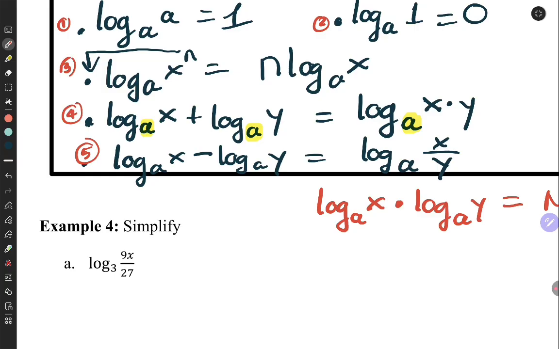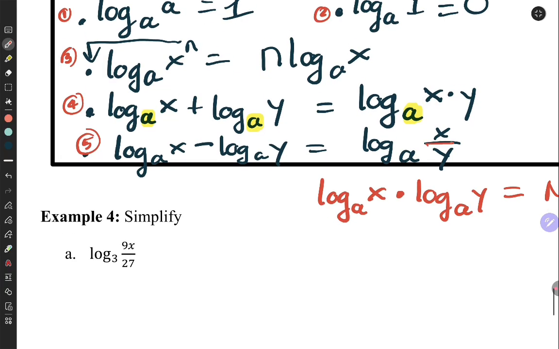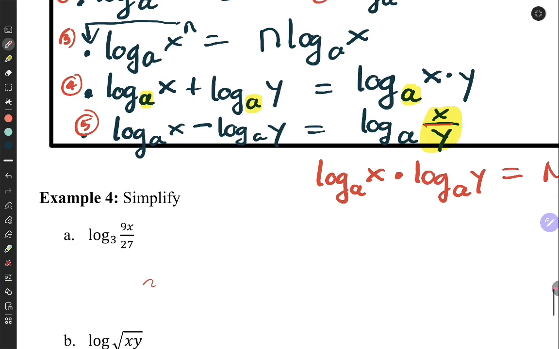I see a division right here. I'm going to break it into two, becoming a subtraction: two logarithms with the same base. Which base are we talking about? 3. So base 3.